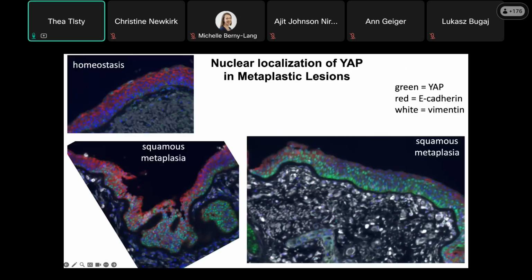Green is the YAP, and you can see in this area of squamous metaplasia, it's moved into the nuclei of the epithelial cells. Here are the ciliated cells over to the edge. This is just the junction where it starts to turn into squamous metaplasia, and you can see the translocation of YAP into the nucleus.